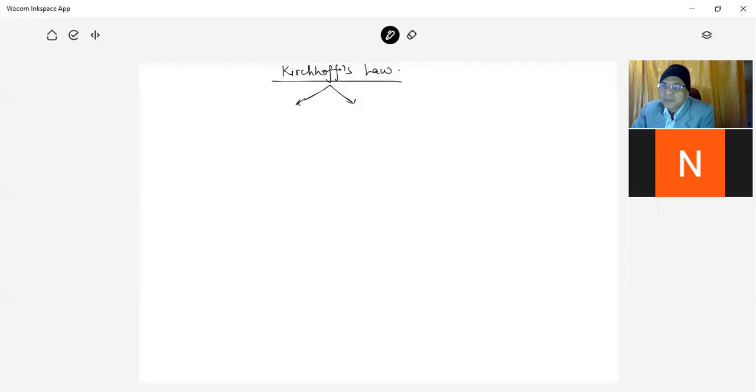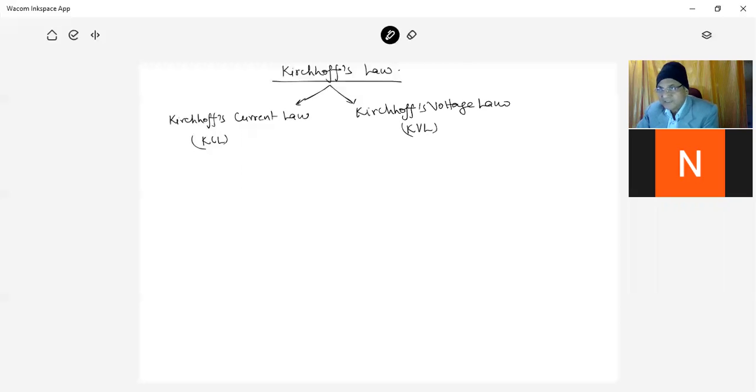One is Kirchhoff's current law, that is known as KCL, and here it is Kirchhoff's voltage law. This is KVL and KCL.